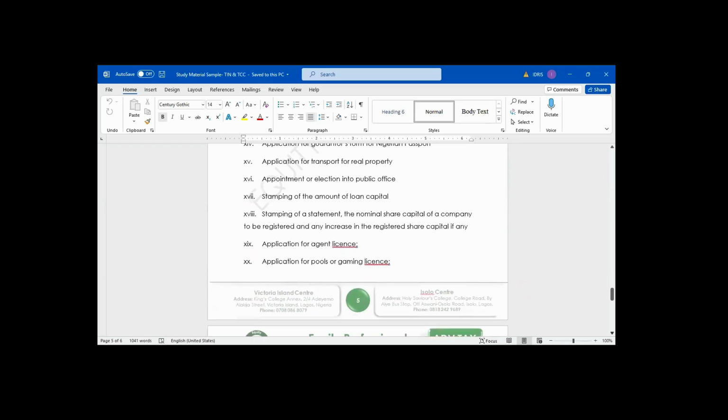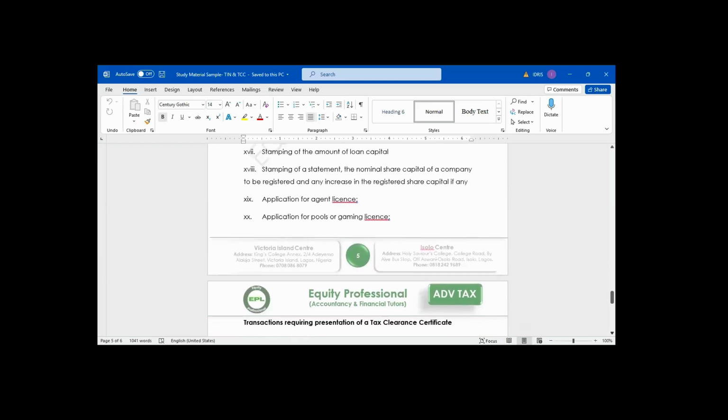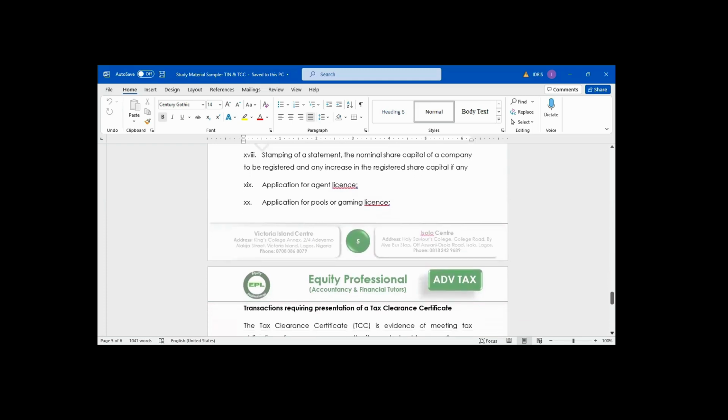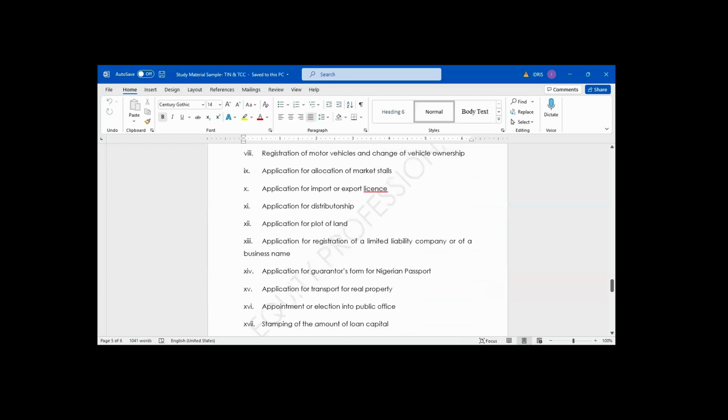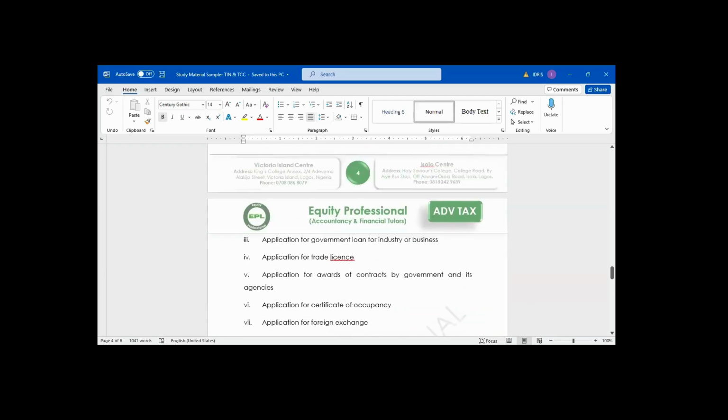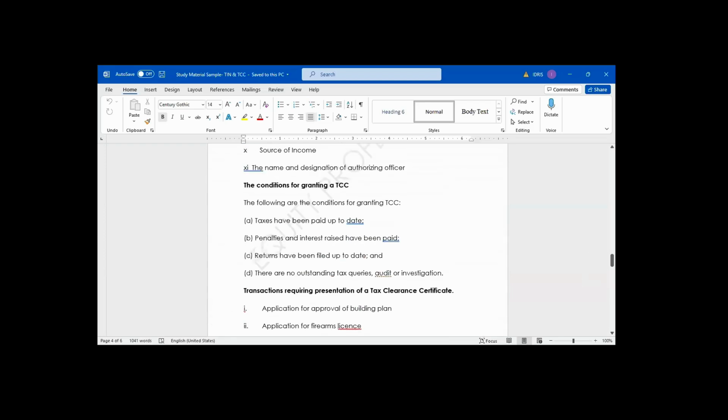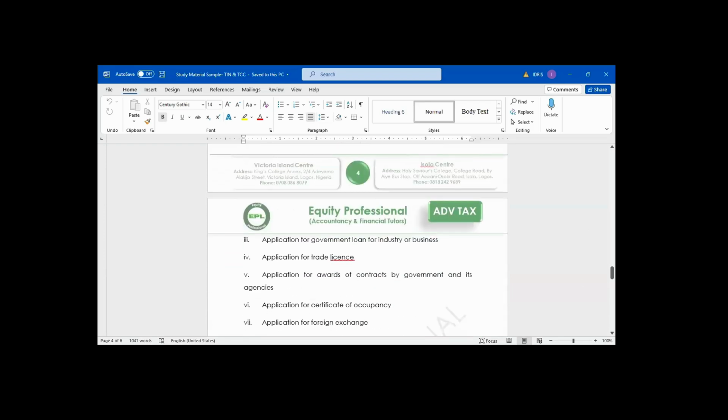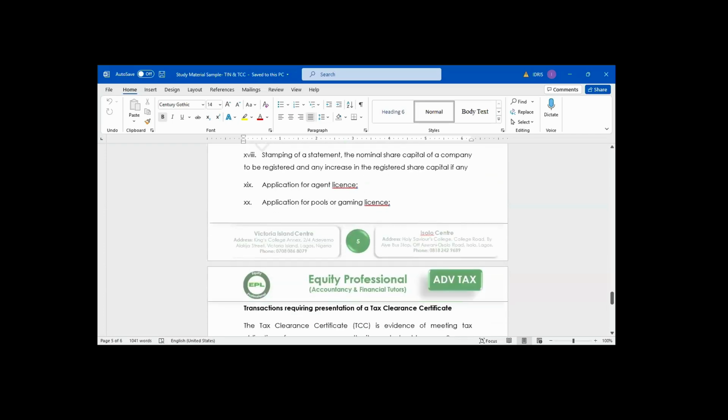Application for agent license, they'll ask for your tax clearance certificate. Application for pool or gaming license, they'll ask for your tax clearance certificates. These are the transactions that, if you want to do, will require your tax clearance certificates.